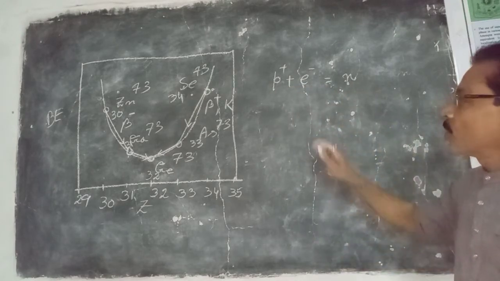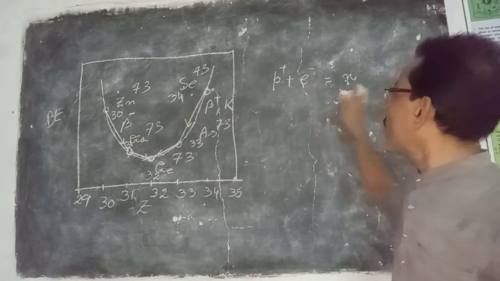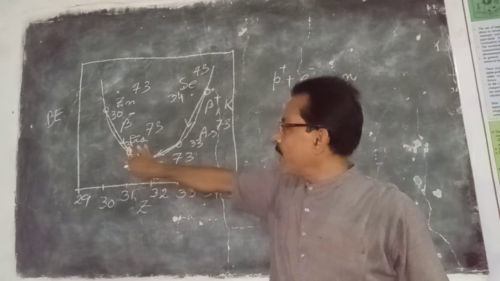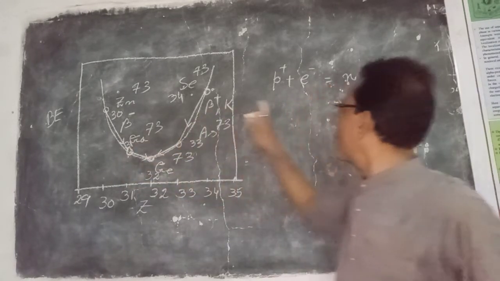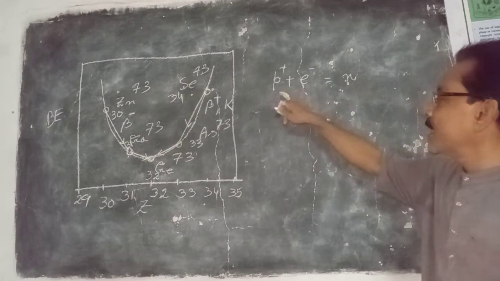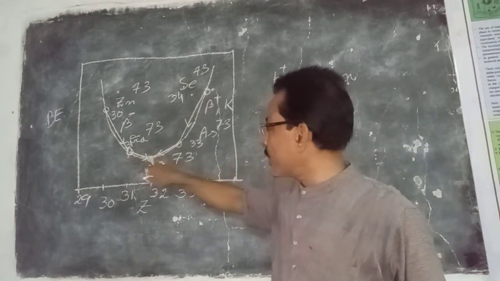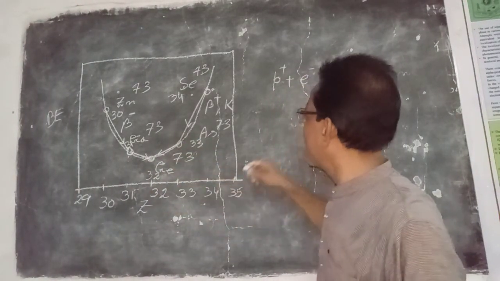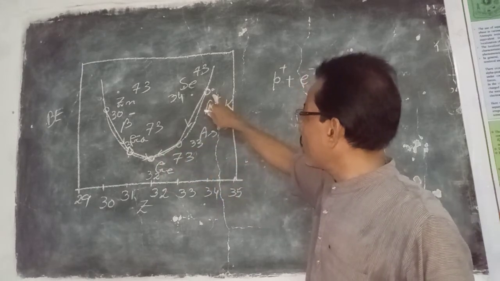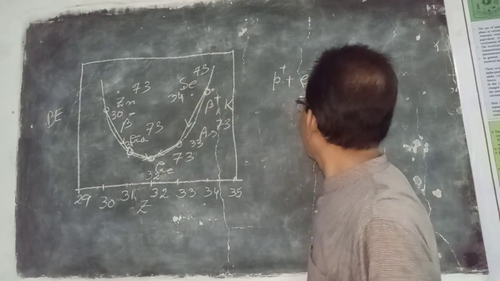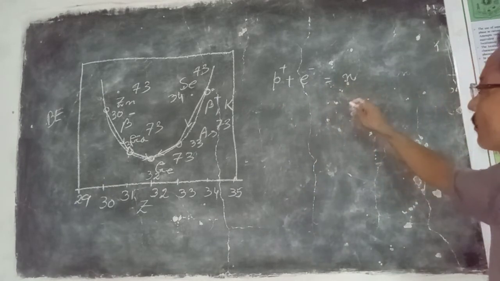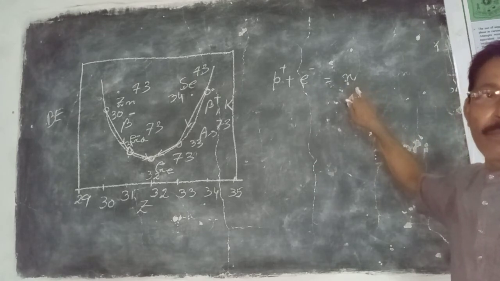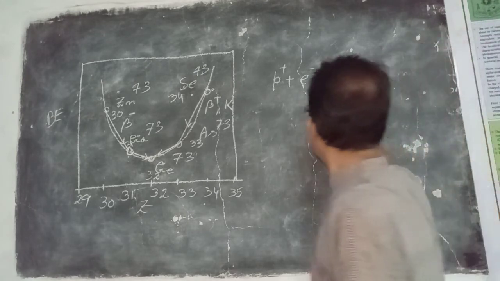So when the electron comes out from this nucleus, Z is increased by 1 unit. Similarly here also, when the electron comes out, Z is increased by 1 unit, so it goes to 32. Similarly, from Z equal to 34 to 33, a proton is converting into a neutron and a positron is coming out.